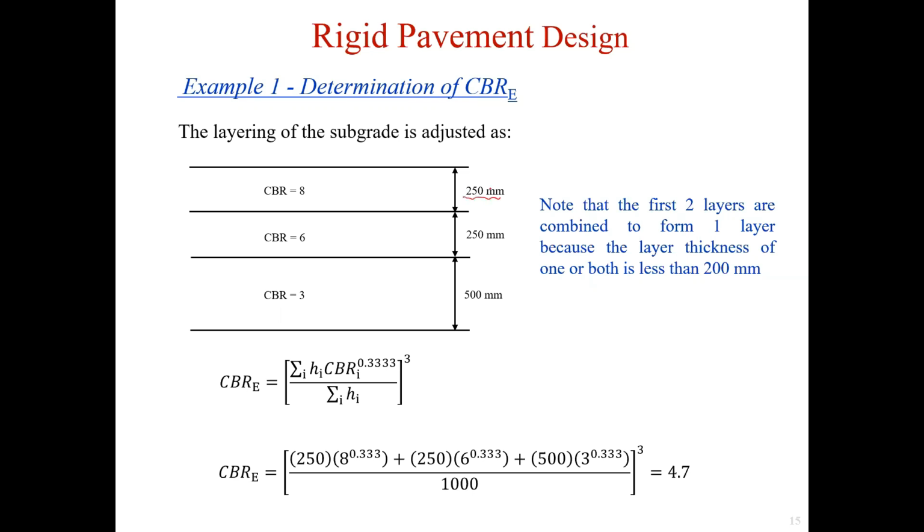So that's the new layer thickness. That's the corresponding CBR. After this, all the previous conditions of equation 25 are met. The equivalent subgrade design strength CBRE could be calculated using equation 25. And after we plug in all the values into this formula, we get the CBRE of 4.7.